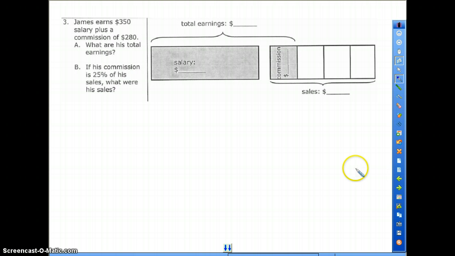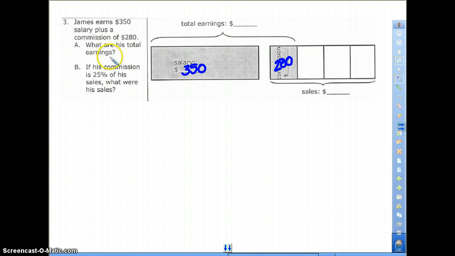Jamie earns $350 salary plus a commission of $280. Okay, his salary, the length of this entire bar, is $350. Plus they give him an incentive for selling more stuff, and that incentive is called a commission. He gets $280 commission on top of what he sells.